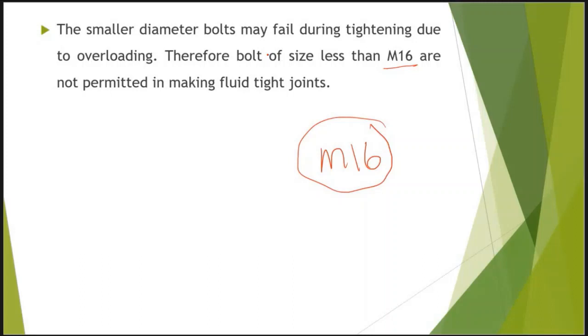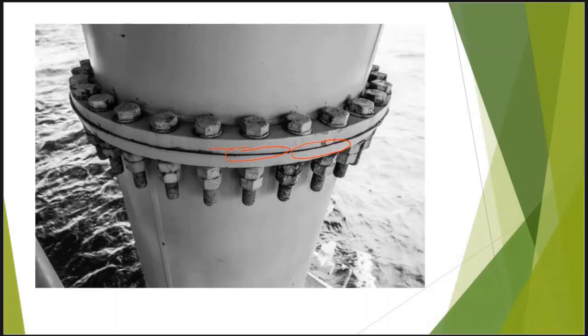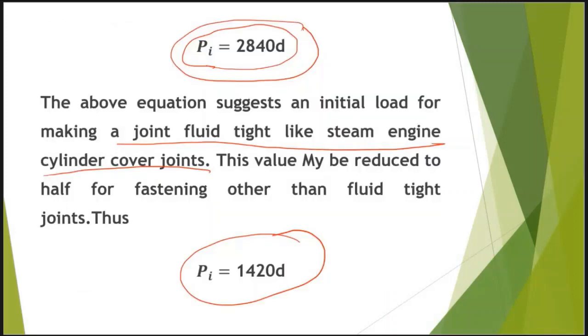If you are using smaller diameter bolts for making fluid tight joints, what will happen? We know that for making fluid tight joints, we have to supply an initial load. The initial tightening load is Pi equal to 2840D. When we are supplying this much large amount of force, there is a chance that the bolt may fail.